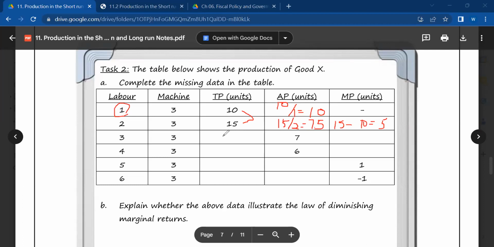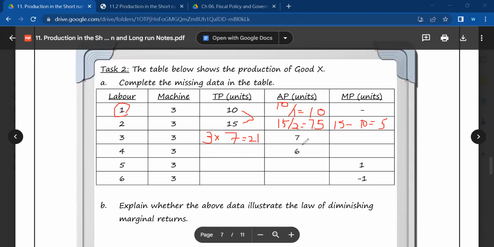How can you get the answer of 21? 3 times 7. Yes, very good. 3 neighbors times this average product of 7. So we got the answer of 21 for total product.